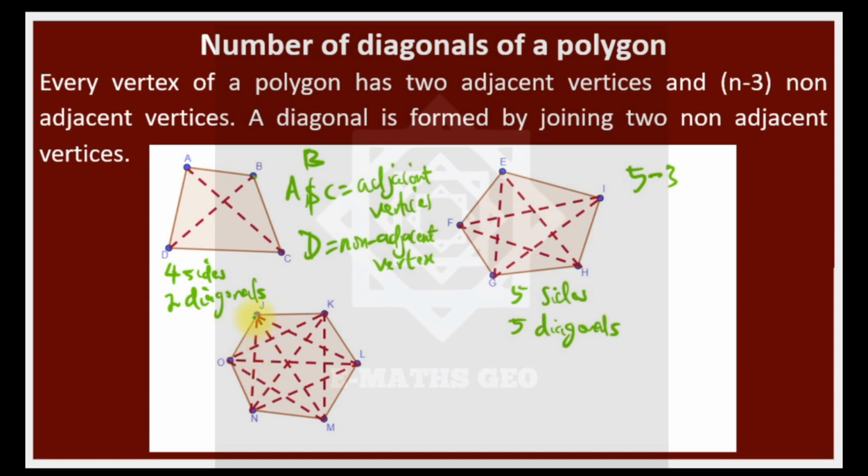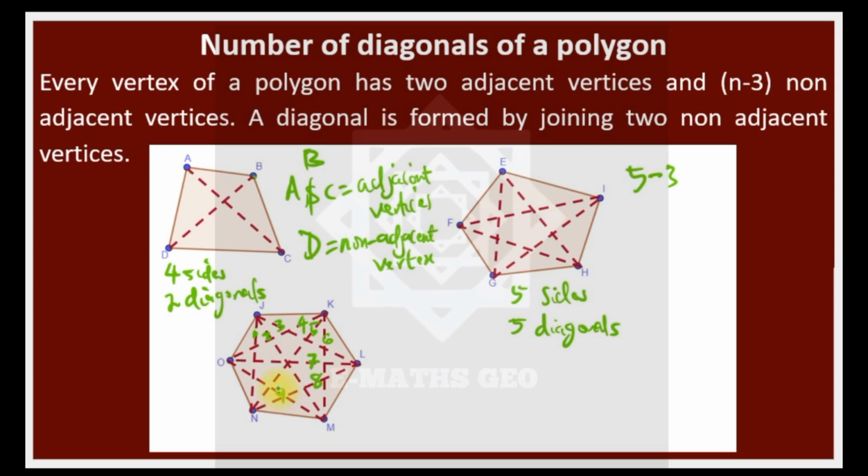So for the 6-sided polygon, let's count. Let me count so that we won't repeat. This is 1, 2, 3, 4, 5, 6, 7, 8, 9.